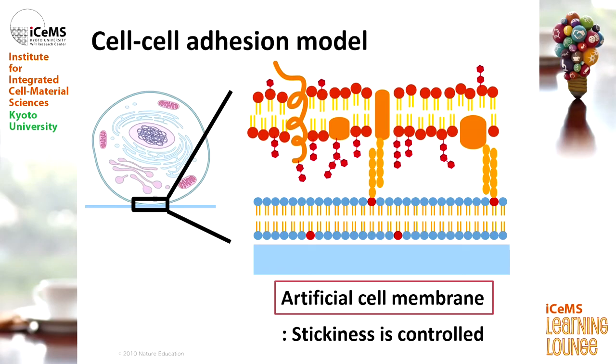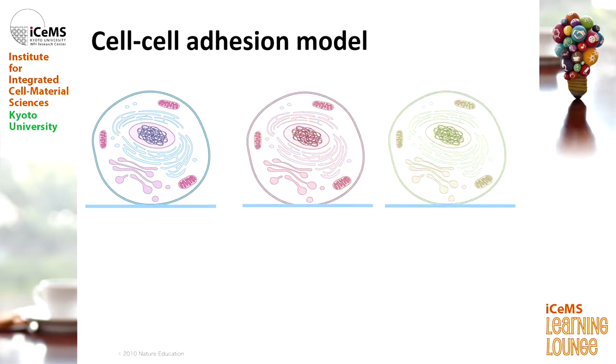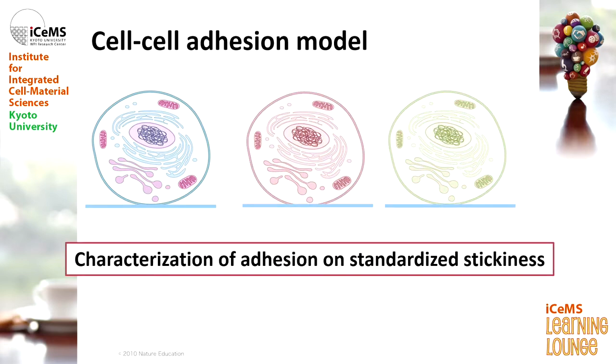By putting cells on it, it's quite similar to real cell-cell contact, but you have control on one side in terms of adhesion. This makes it possible to investigate the adhesion of cells with standardized stickiness. So throughout all the experiments, we utilize this technique using artificial cell membrane.